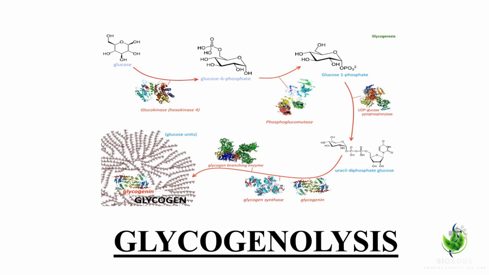Glycogenolysis is a process of breaking down glycogen into glucose and produce energy to maintain the blood glucose levels.